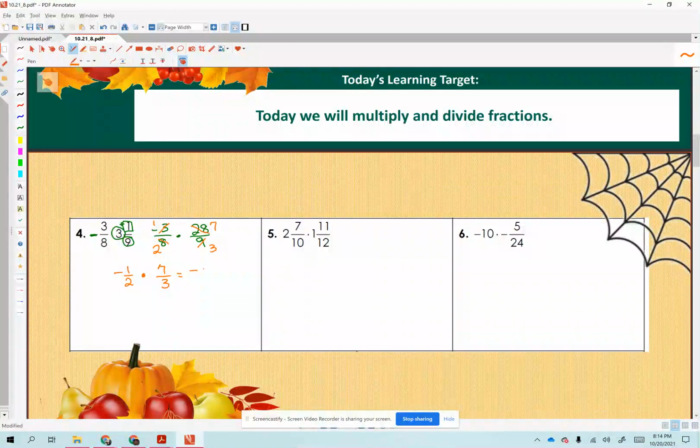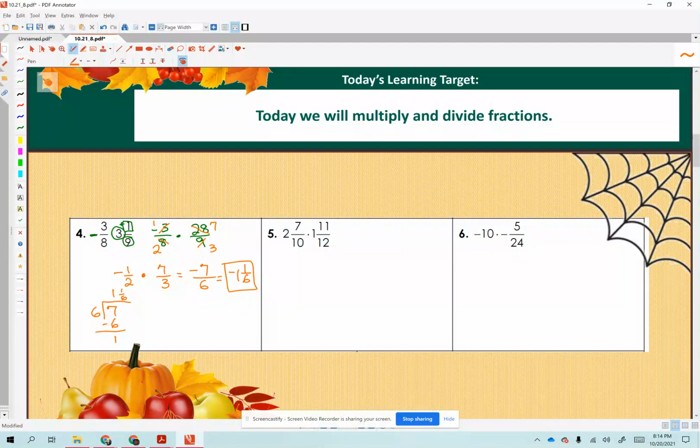So negative 7 times 1 is 7. 3 times 2 is 6. And if we divide 7 by 6, we get 1 and 1/6. So that will be our final answer. It's negative 1 and 1/6.